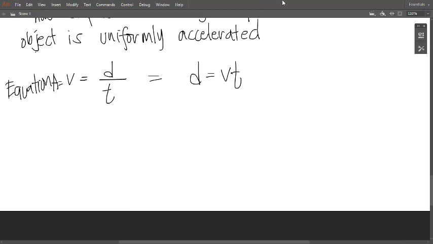Since the velocity of an object changes when it is uniformly accelerating, we use the average velocity to determine the displacement.